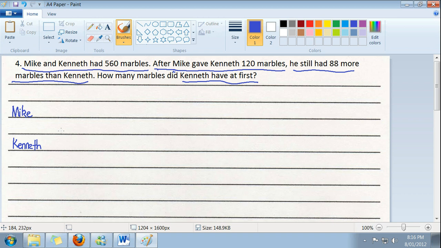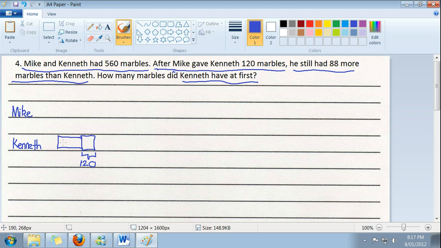Now it says here, let's draw a bar to represent Kenneth's marbles. Alright, it says after Mike gave Kenneth 120 marbles, he still had 88 more marbles than Kenneth.